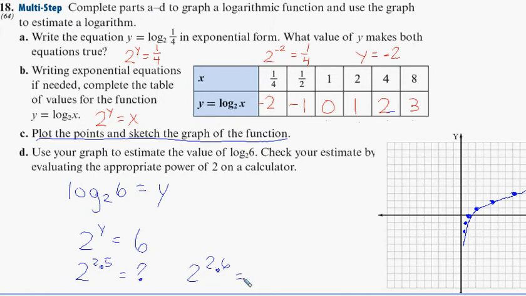When I took 2 to the 2.6 power, I got 6.06. So that's probably about as close as we're going to get. Now, obviously, you could add a few decimals, but it says check your estimate by evaluating the appropriate power of 2 on a calculator, which we've done. So this can be the answer for letter D. All right? Thanks for sticking with me. You did good.